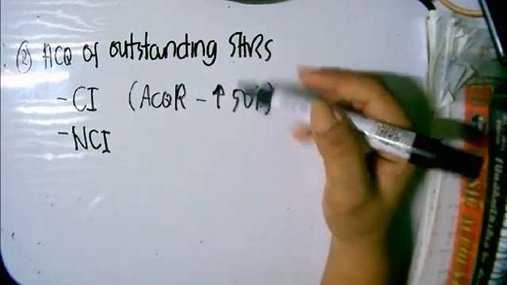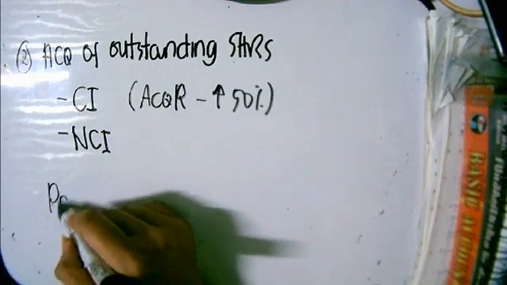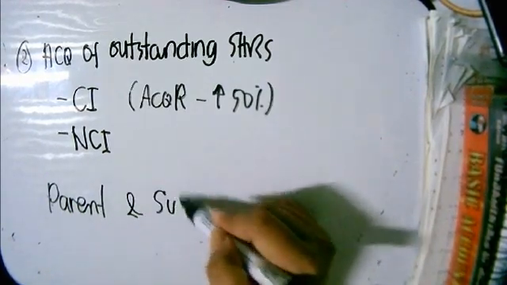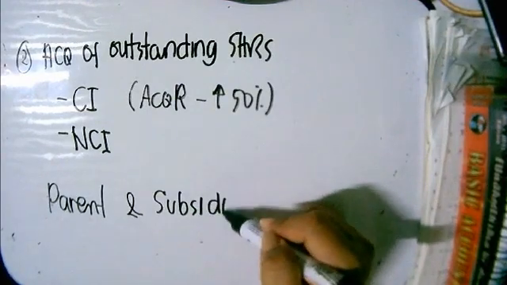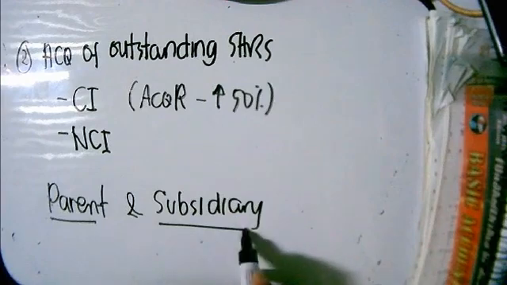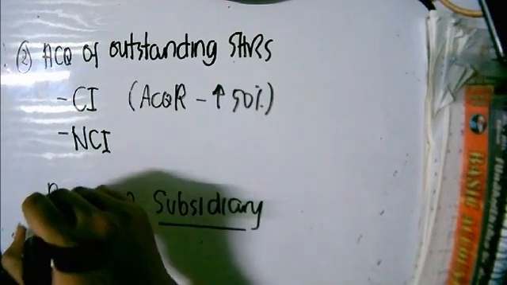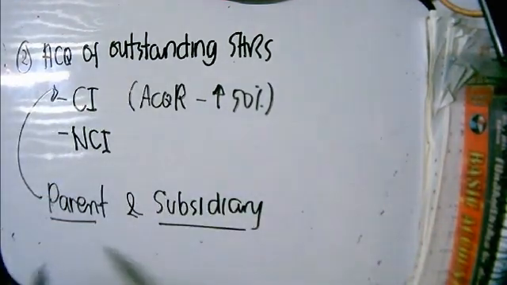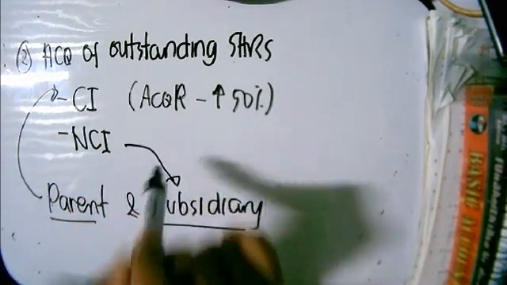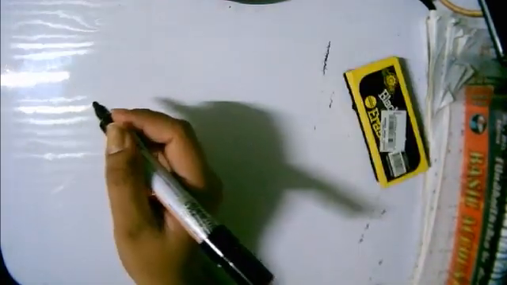Now, ang mangyayari ngayon, magkakaroon ng parent and subsidiary relationship between the two. Again, magkakaroon ng parent and subsidiary. Controlling interest being the parent and the non-controlling interest as the subsidiary.